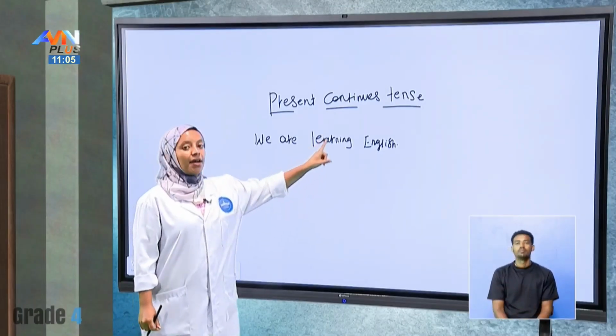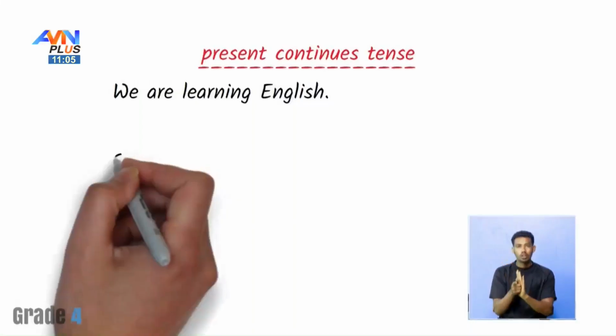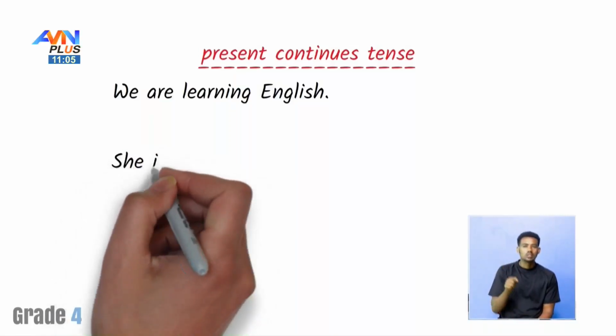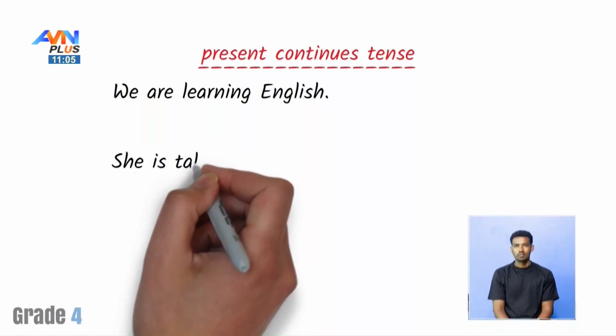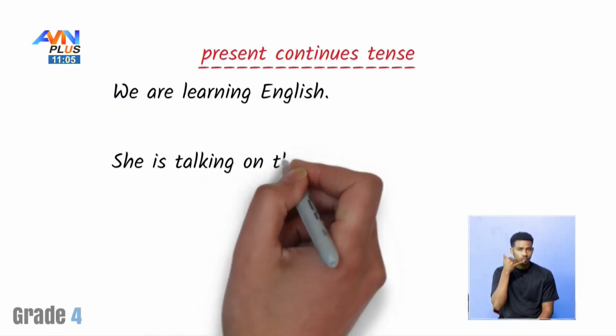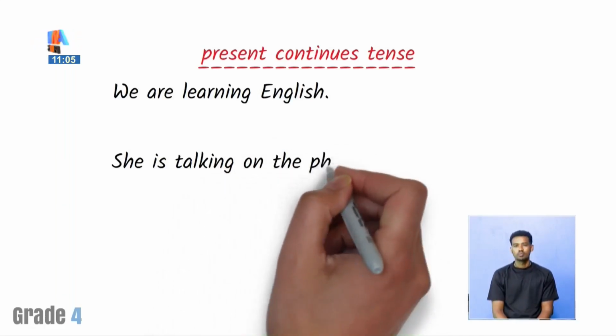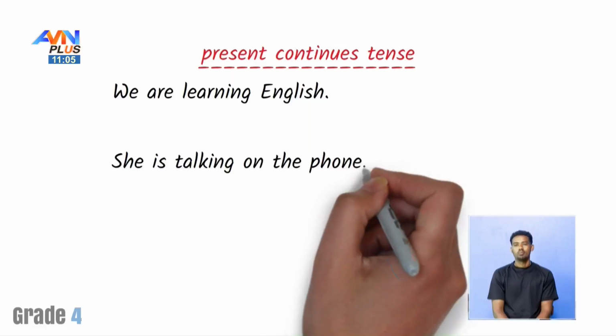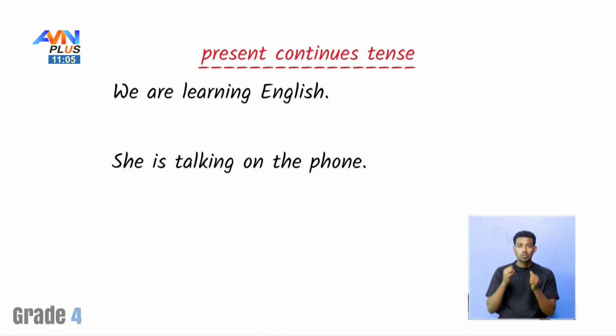We can use ing verbs. She is talking on the phone. She is talking on the phone. So here, students, you can also use it to talk about something happening right now.